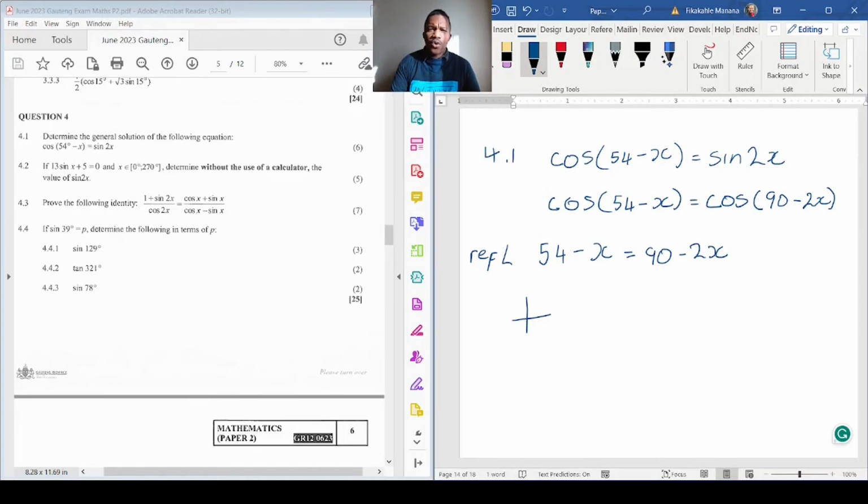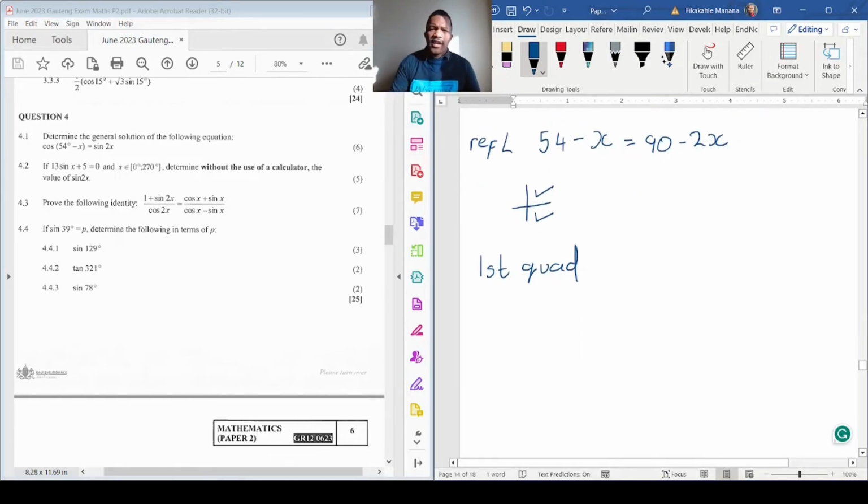Now, where is cos positive? Cos is positive in the first quadrant and also in the fourth quadrant. So let's start with the first quadrant. In the first quadrant, the angle is just equal to the reference angle.